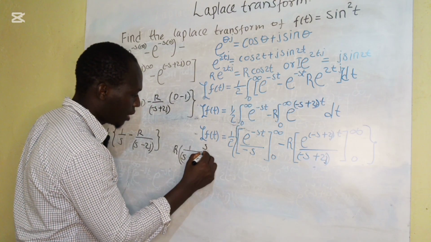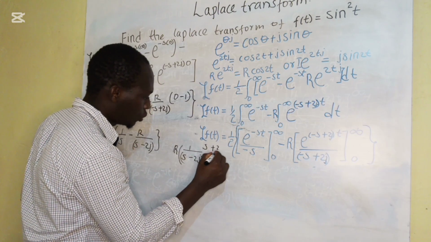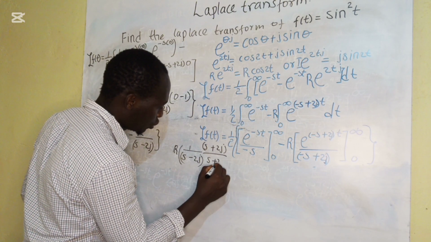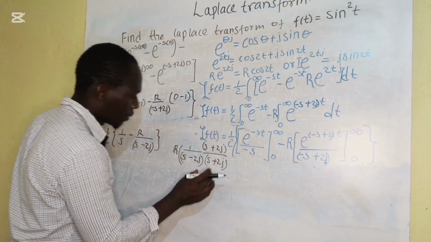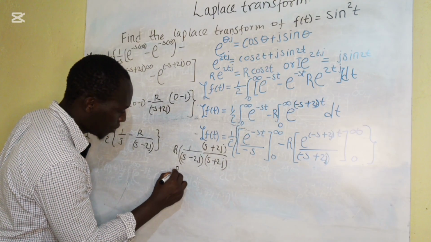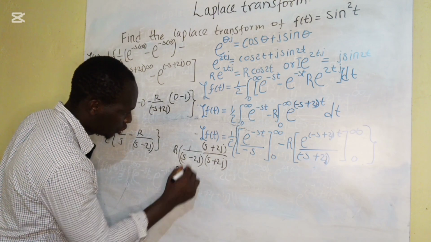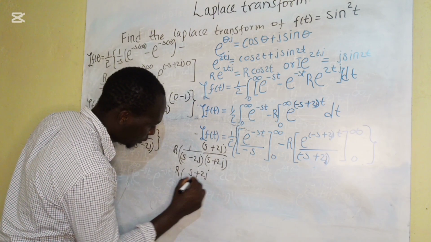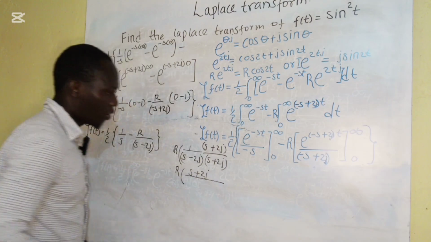To mean we are going to have s, we add 2j. Here now, on the numerator, we are going to have r into s, we add 2j, all over.